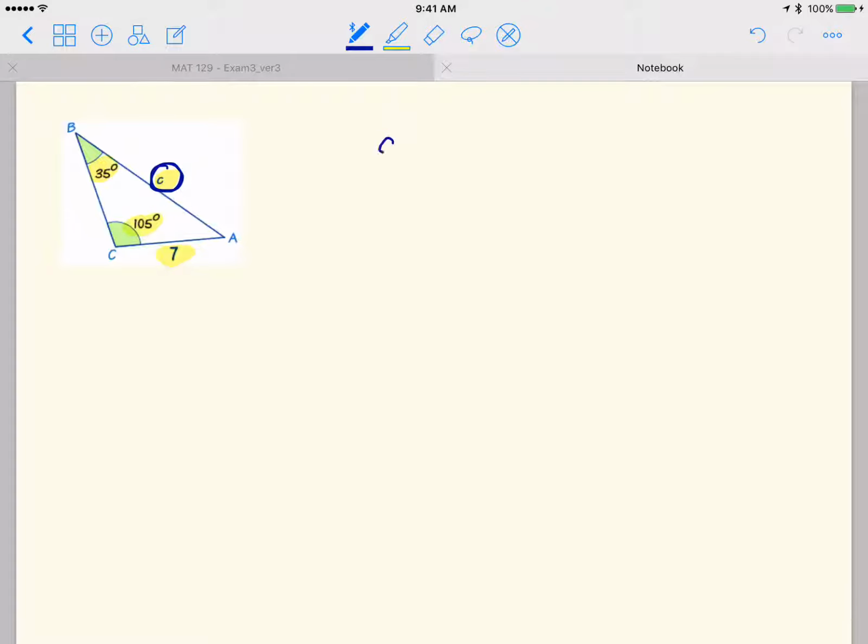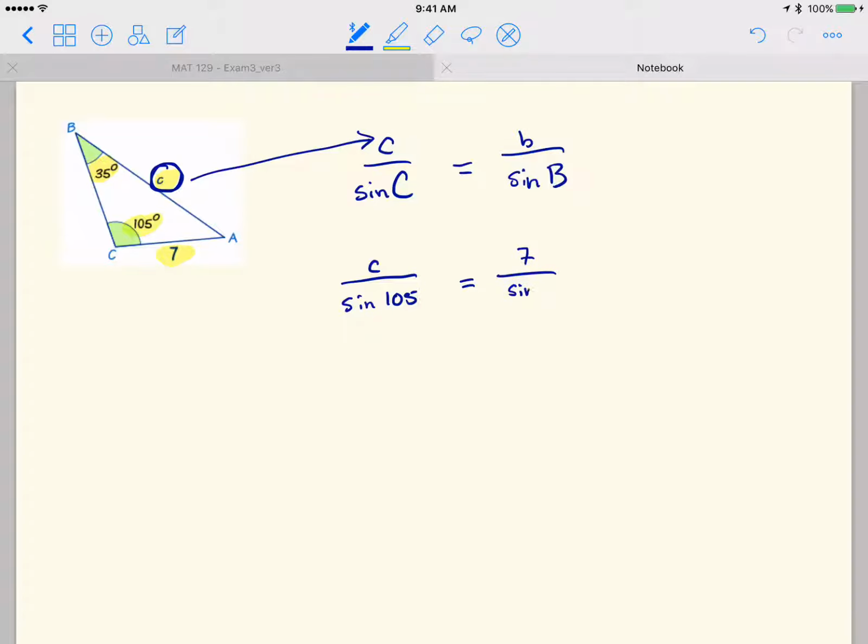So I'm going to use the version of the formula where the side is on top. And then I'd have little b over sine of B. And since I'm trying to solve for that, having that on top saves me some steps. So now let's just put everything in. c over the sine of 105 equals 7 over the sine of 35.